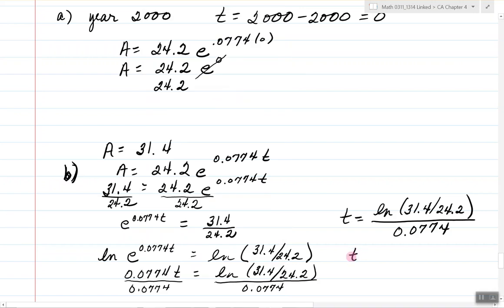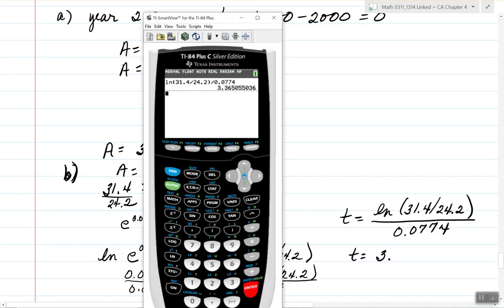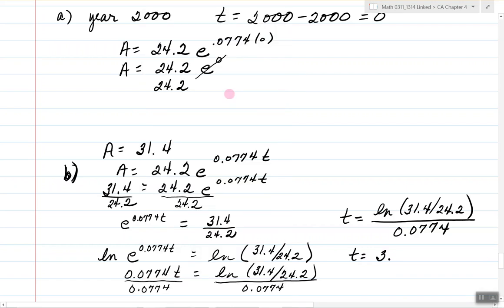So t is equal to 3.37. That's years, but it wants to know what would it be on the calendar. So it is 3 years and some months after 2000, so the year is 2003.